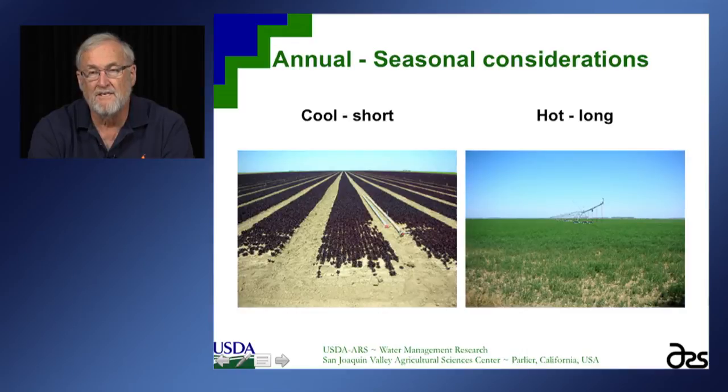You've got a short season, have a limited water requirement, versus a crop such as cotton or alfalfa or tomatoes that are grown during the summer, during the hottest part of the year, that are going to have fairly large water demand. So you have to select the crop itself and then make some judgments as to how much of that crop you're going to have versus other demands you have on the water.